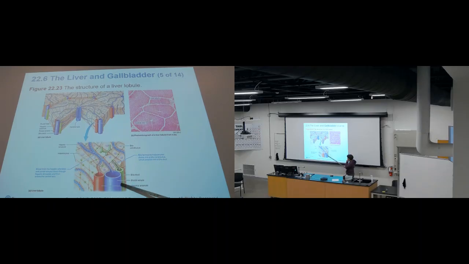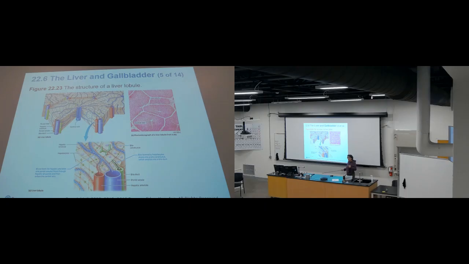And then the bile will go into these bile ducts. Your right and your left lobe are going to have these specific bile ducts, so you call it the right and the left, and then they merge and they form that common hepatic duct.